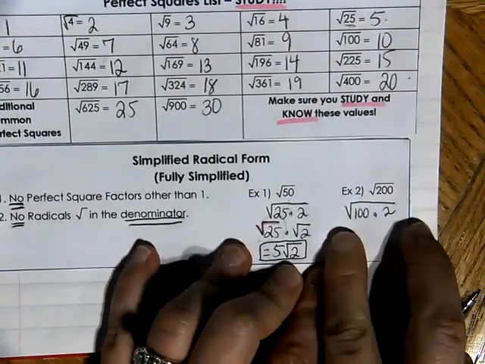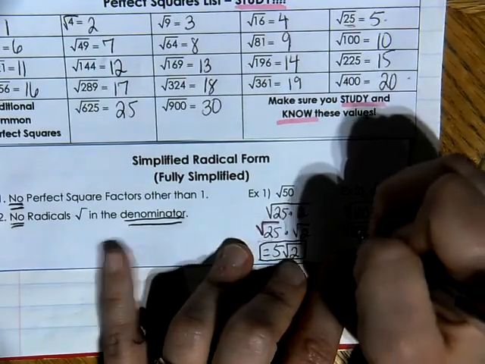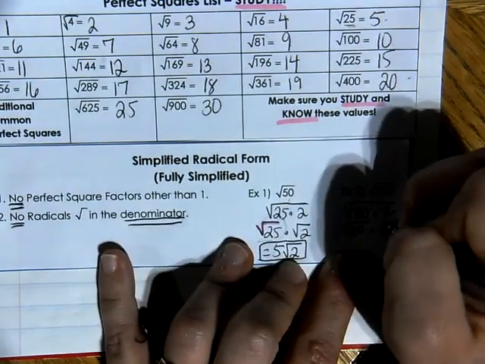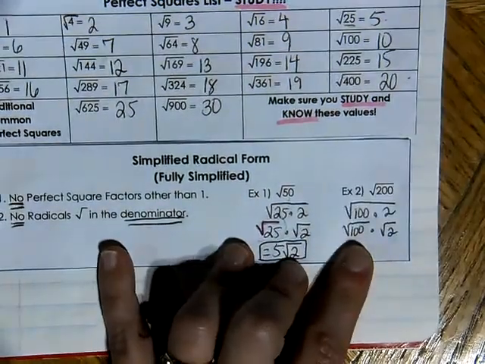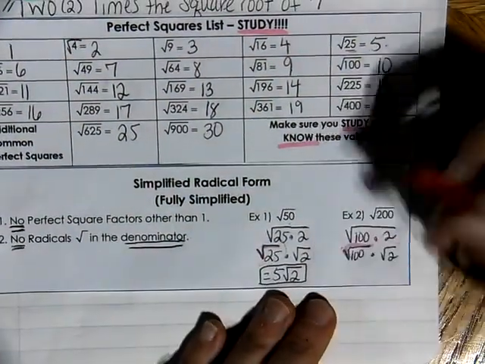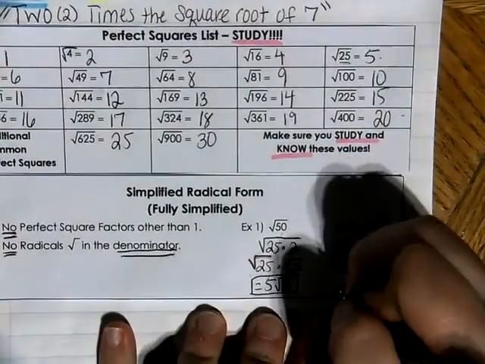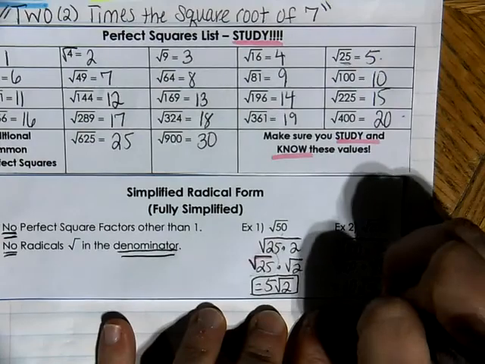So I can split apart my multiplication to make this the square root of 100 times the square root of 2. I know that the square root of 100 is 10. So therefore, I'm going to rewrite this as 10 times the square root of 2.